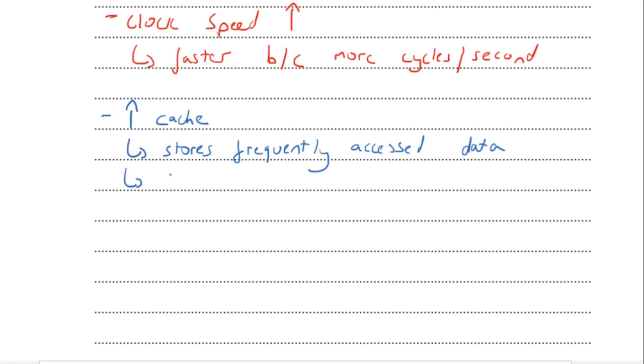Having more of it means you can store more data that's frequently accessed, and because the cache is faster than RAM, more data is able to be accessed quicker.